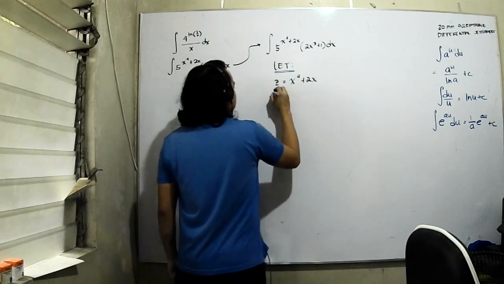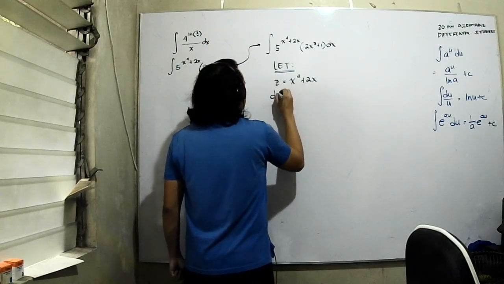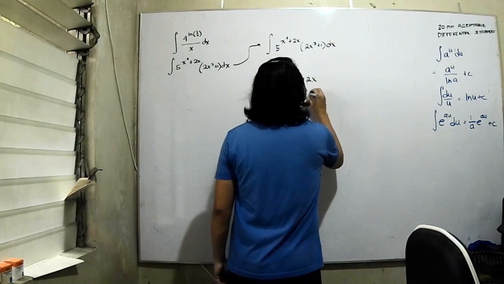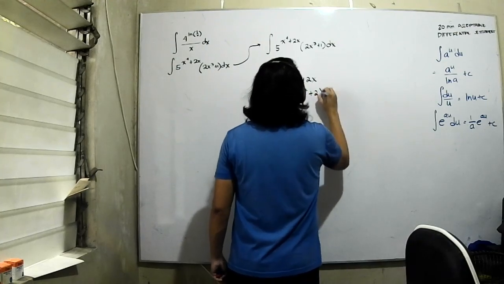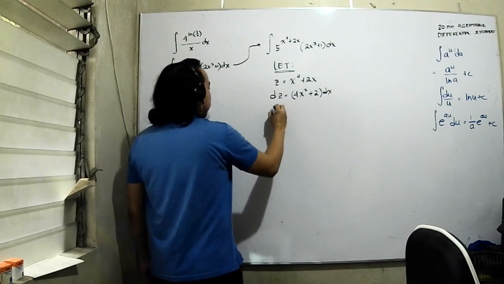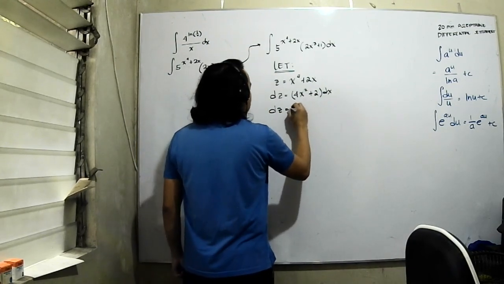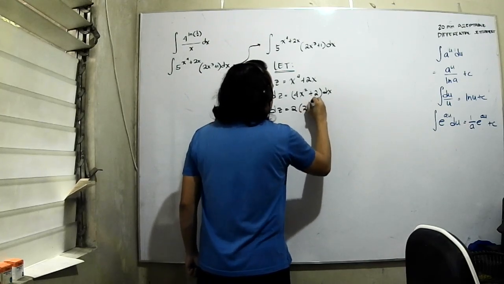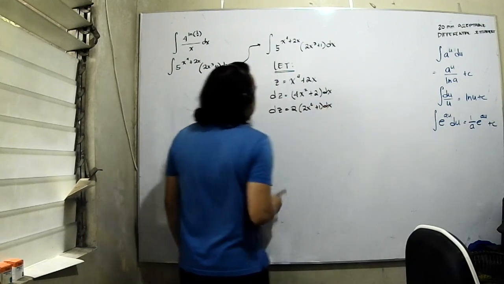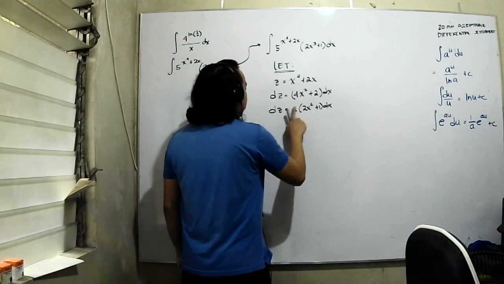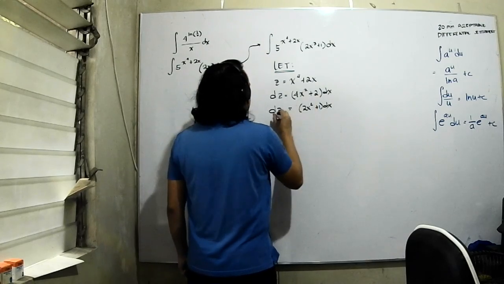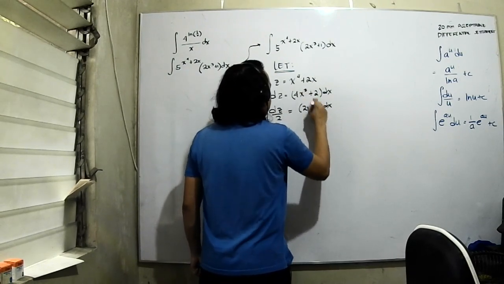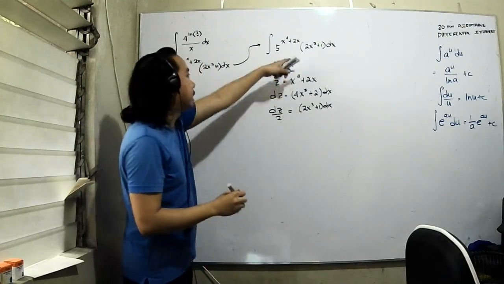If I differentiate this, I will have 4x cubed plus 2 times dx. I factor out 2, it becomes 2x cubed plus 1 times dx. Sorry, this should be 3 and this should be 3. What a coincidence.